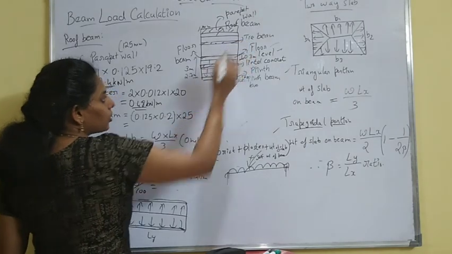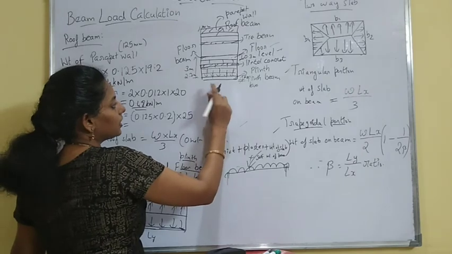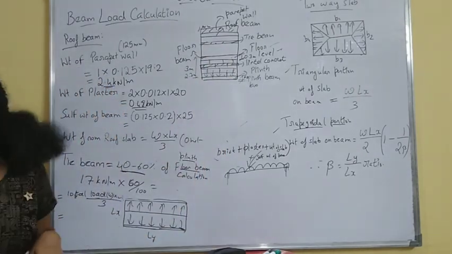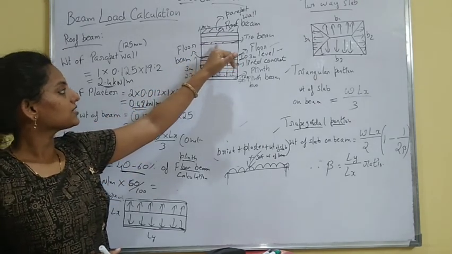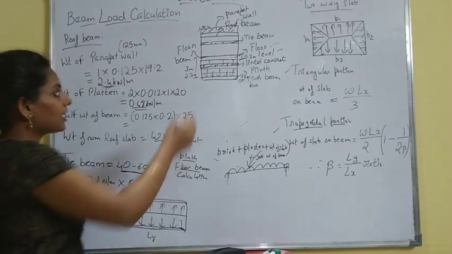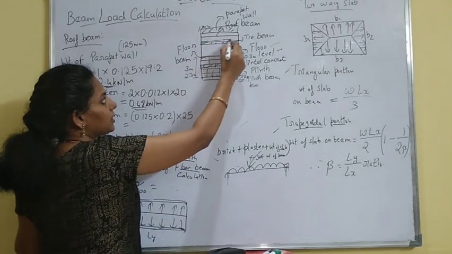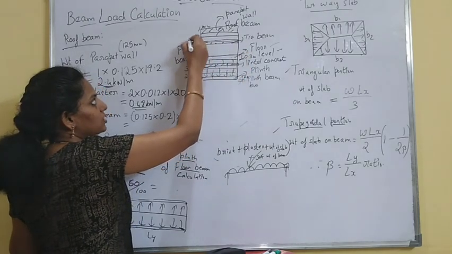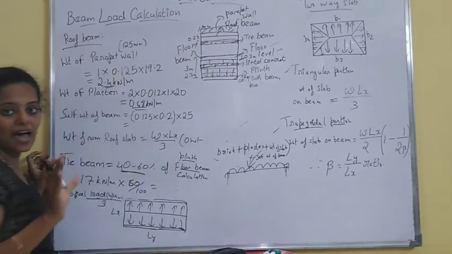And suppose you are providing a lintel beam for the construction of a residential building. In that case, we can take the thickness of this lintel beam as 9 inch, directly the thickness of the wall, that is 0.23. Then you can avoid this beam if the span is small.